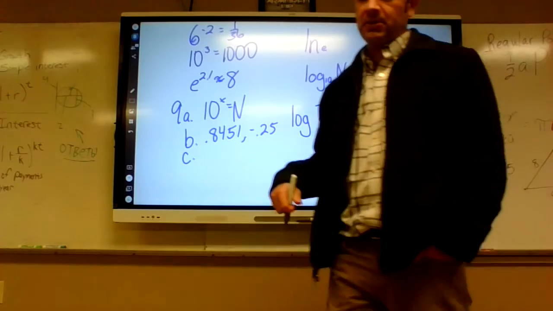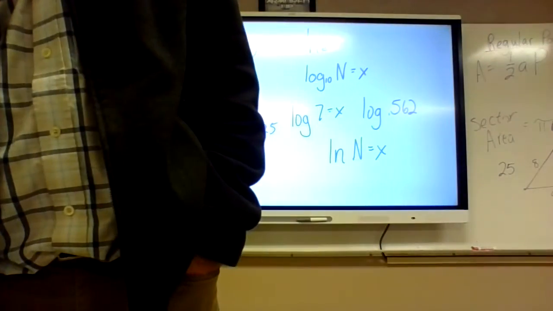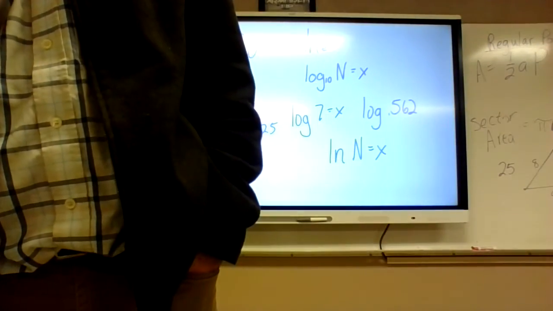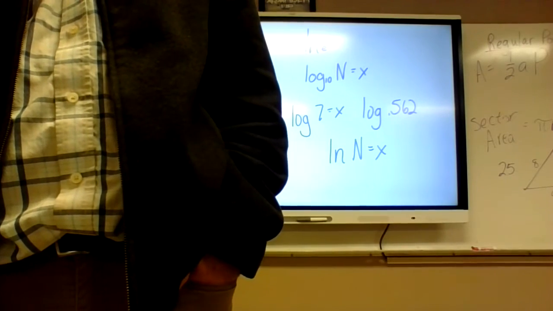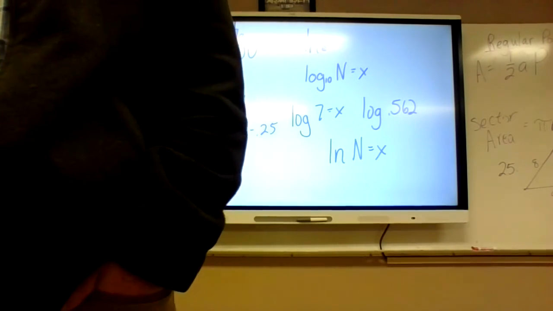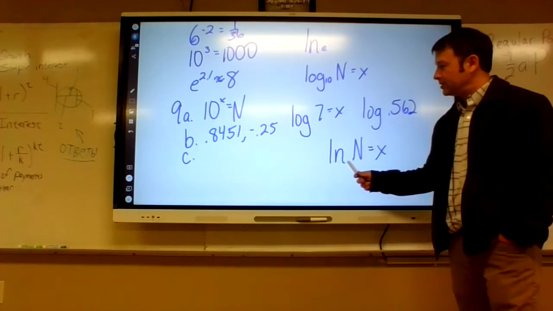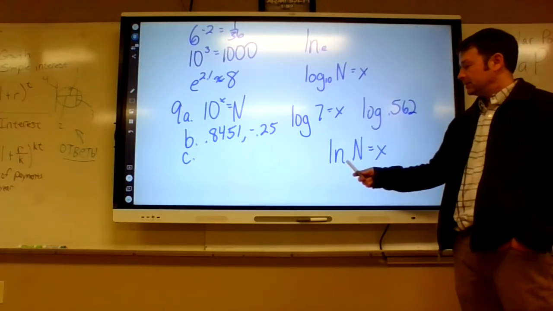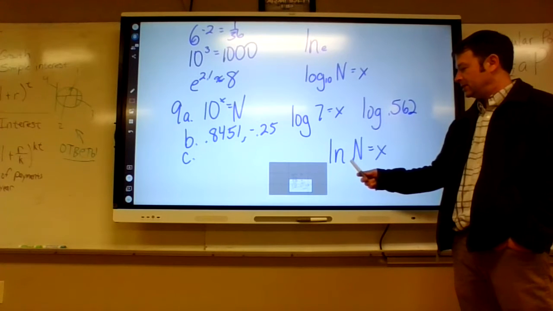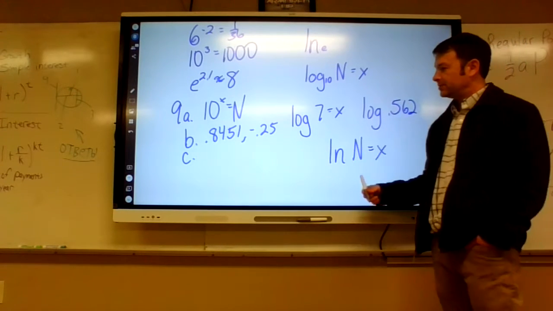Isn't that how they said it? They're kind of saying it backwards. I would say natural logarithm of n is x. But whatever. Anyway, what does this turn into? E to the x equals n.